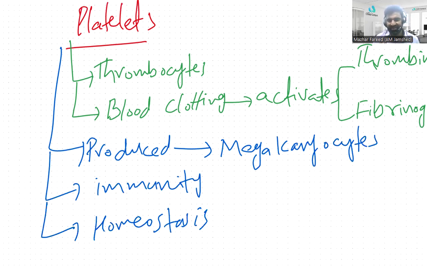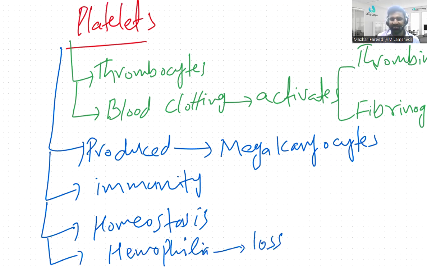Because when they are not able to make a clot, all the blood will be lost and death can occur. For example, hemophilia patients have no clotting proteins, so their blood is lost when they get an injury. So they suffer a deficiency of blood, which is a cause of anemia.